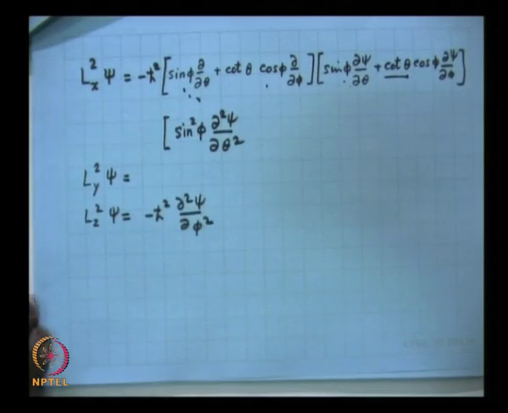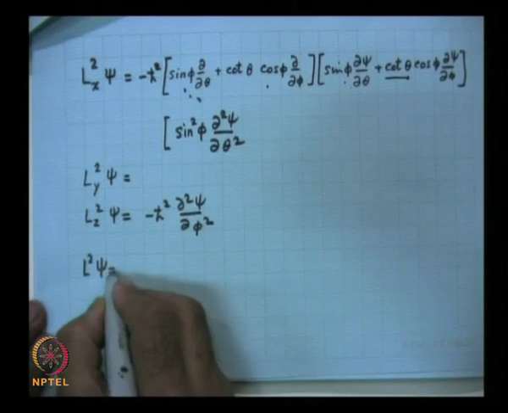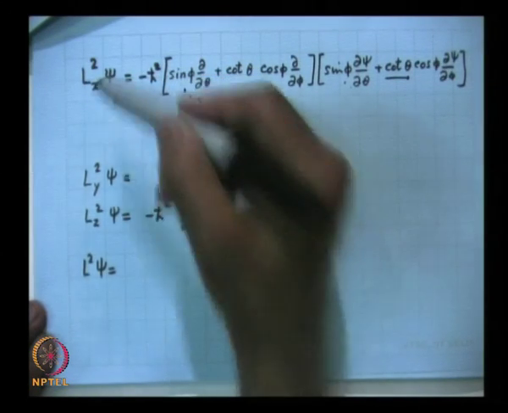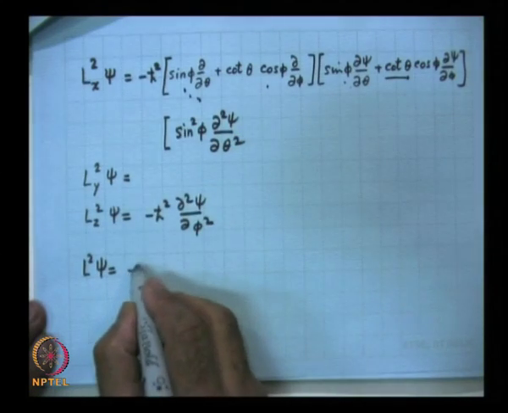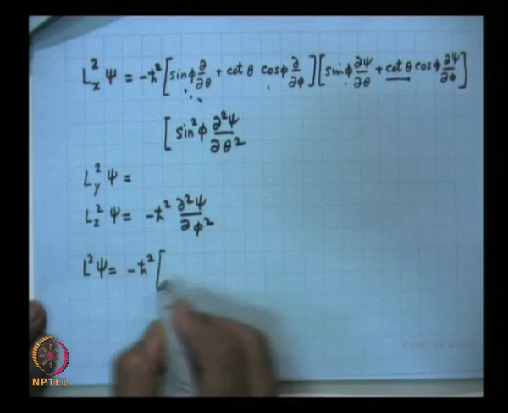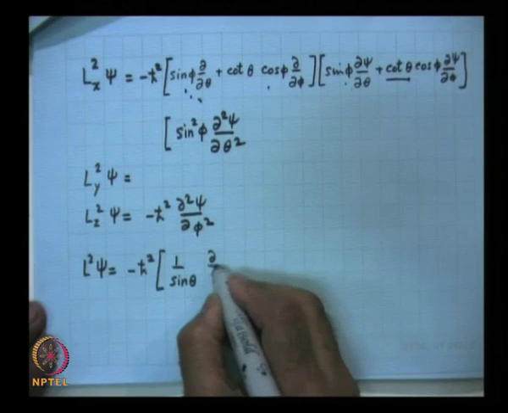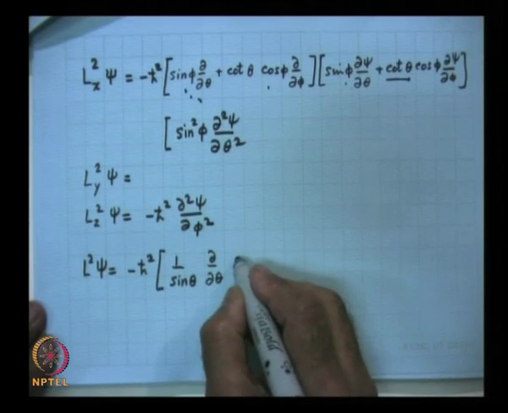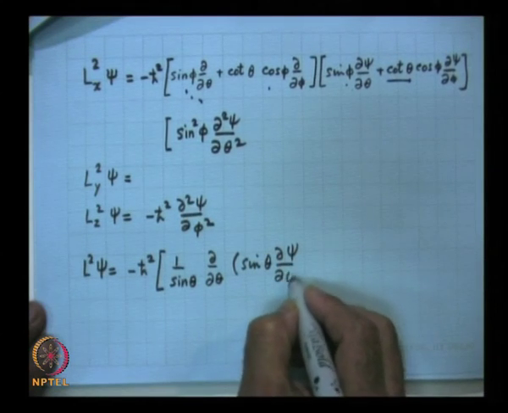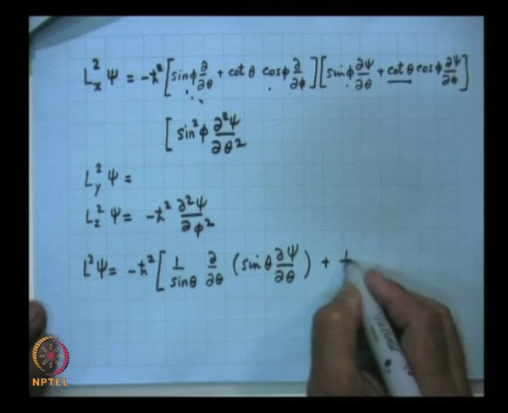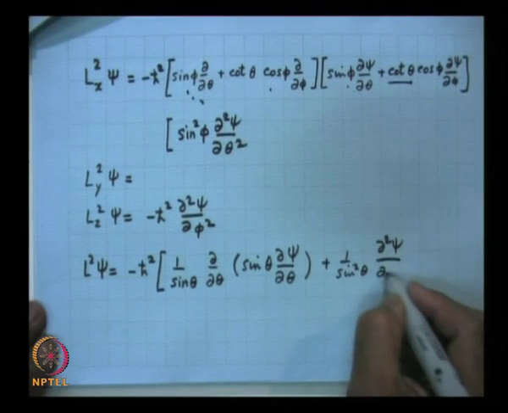If you add these up, then surprisingly this L square psi, which is Lx square plus Ly square plus Lz square, comes out to be minus h cross square, 1 over sin theta delta by delta theta of sin theta delta psi by delta theta, plus 1 over sin square theta delta 2 psi by delta phi square.